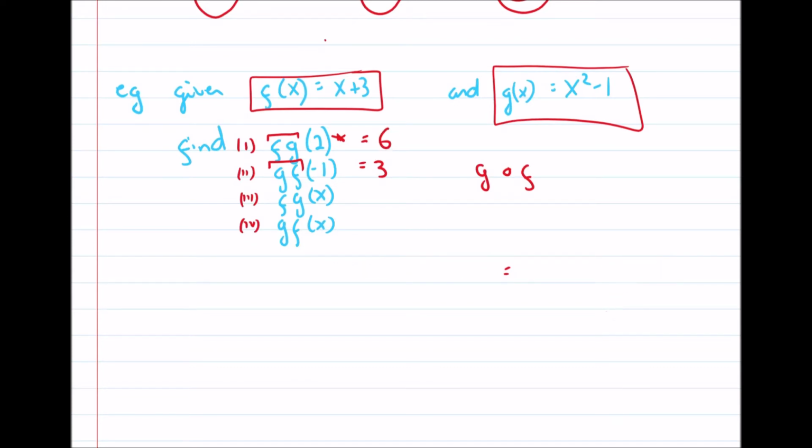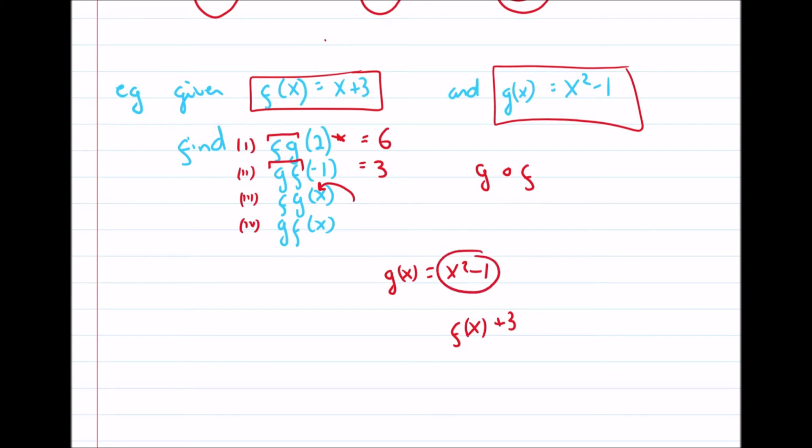Okay, next one. We don't have a number, we just have x, but we'll work it out as normal. So it's g, x squared minus 1, that's g of x. And then we'll put that into the f function. So the f function is x plus 3.